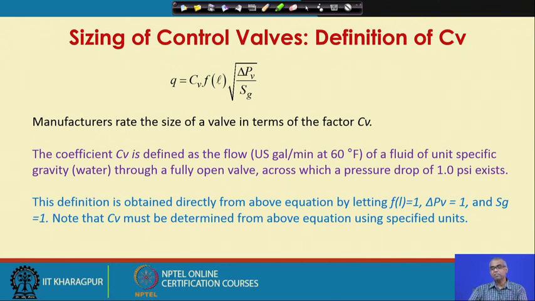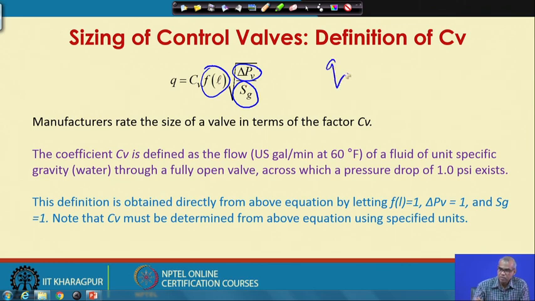So, let us look at the definition of Cv. If I put FL equal to 1, delta PV equal to 1, Sg equal to 1, then Q equal to Cv according to the equation.